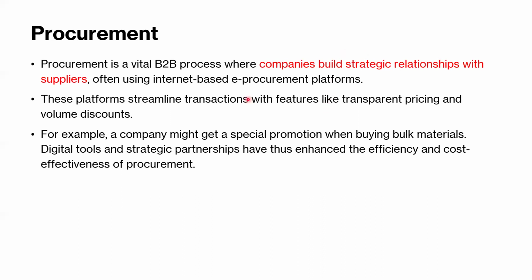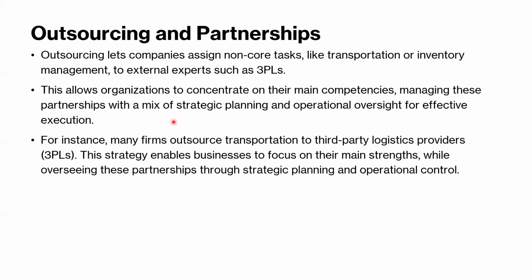So your organization must have a good relationship with your suppliers to purchase raw materials, right? So these platforms streamline transactions between two companies with features like transparent pricing and volume discounts, right? It can be achieved through the ERP system or supply chain management system, so that you can exchange information in a very seamless, efficient and effective way.